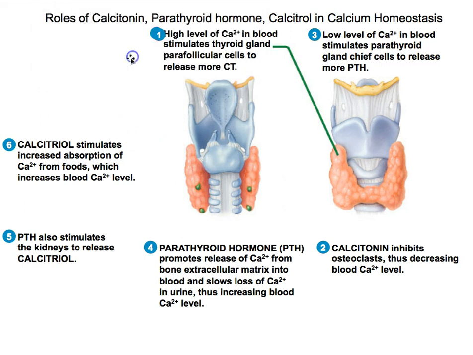Because you've decreased the serum calcium inside the plasma of your blood, we're going to have parathyroid chief cells release more PTH, and that more PTH causes the breakdown, so you now actually have more calcium.